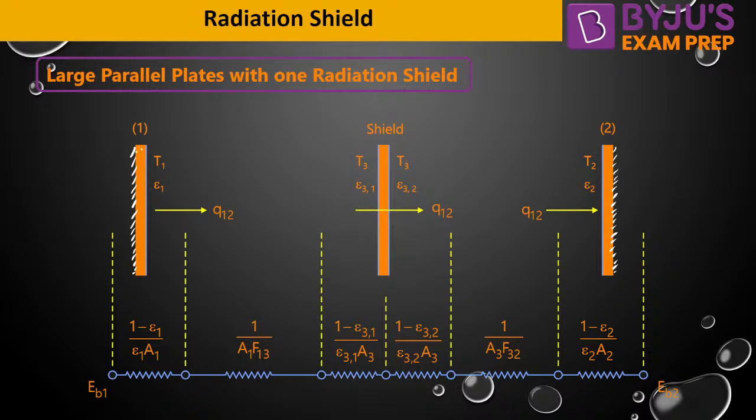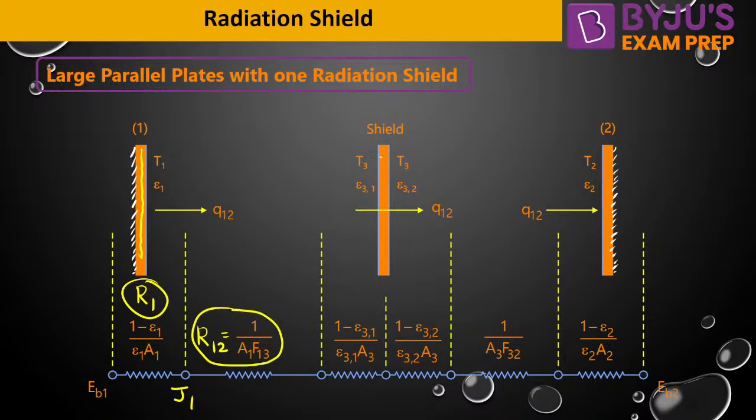It can be treated as there is a black body inside and there is a cover. So it will give you R1, that is the surface resistance for 1, between EB1 and J1. Isn't it? Then there is a space resistance between 1 and 3. That is R1-3.